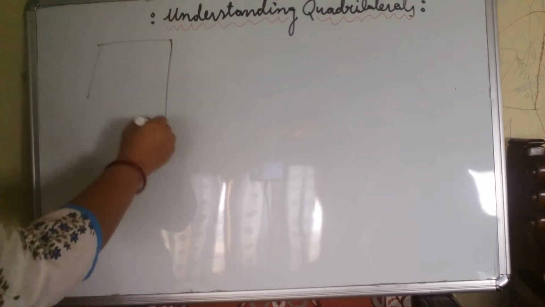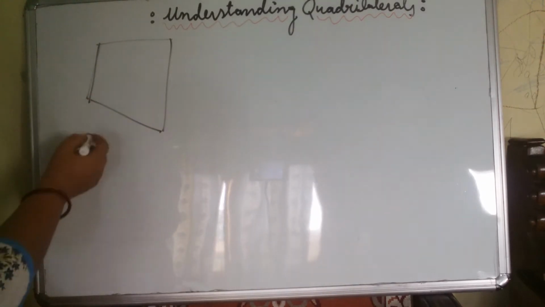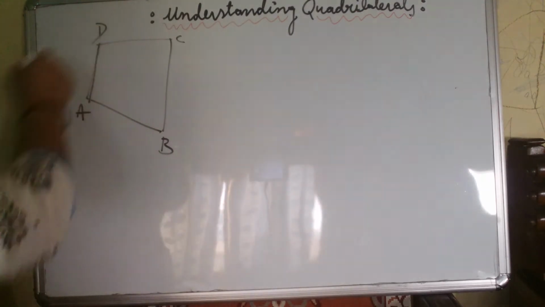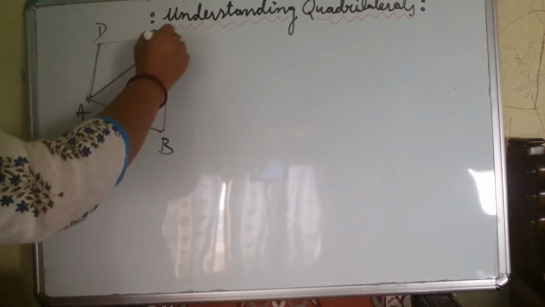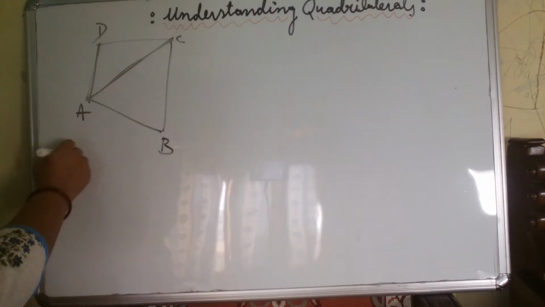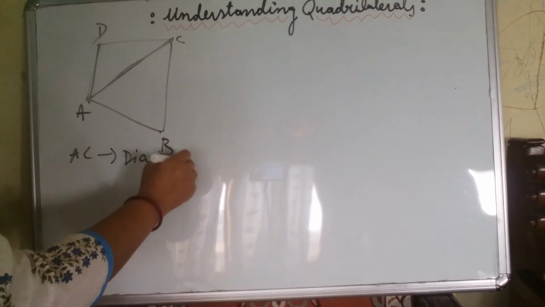Let's draw a quadrilateral, because it is having 4 sides. If I name it A, B, C, D, and if I join these 2 vertices, I'll get a line. This AC is called a diagonal.